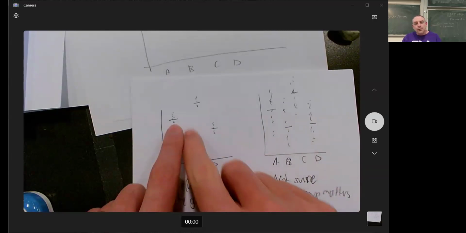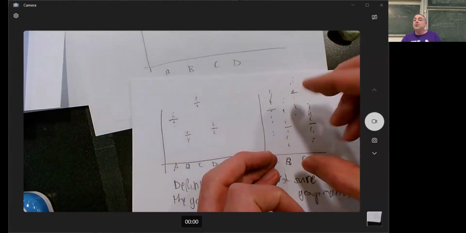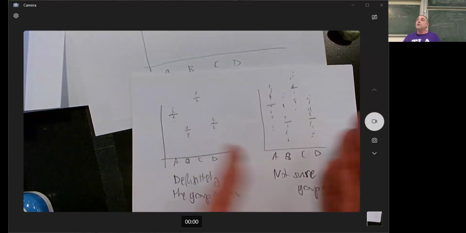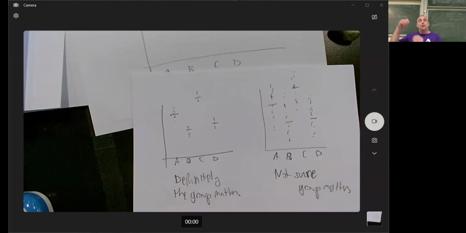So even though all the group means were the same distances from each other, because there's a lot more variation within the groups, this one I'm not so sure, but this one I am sure. So both of those things make a difference to the result. If the group means are far apart from each other, that'll make you more sure, but if the spread is wider, that will make you less sure.